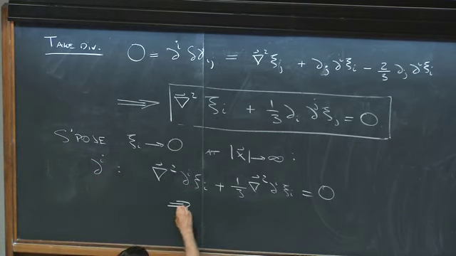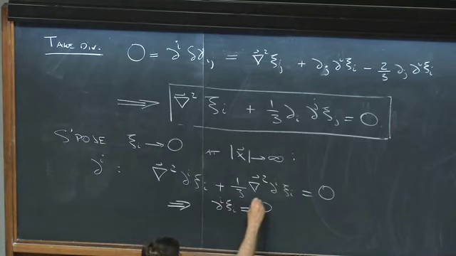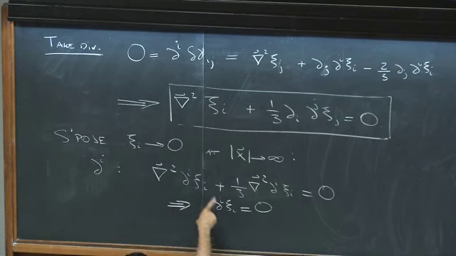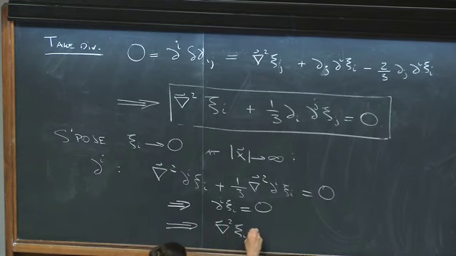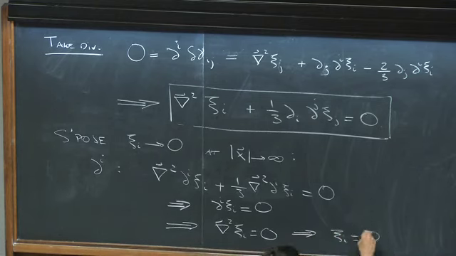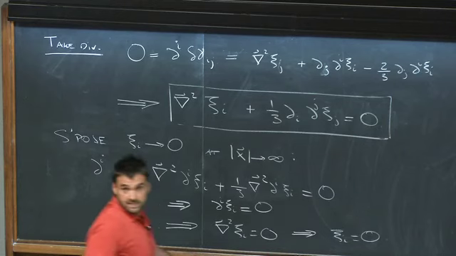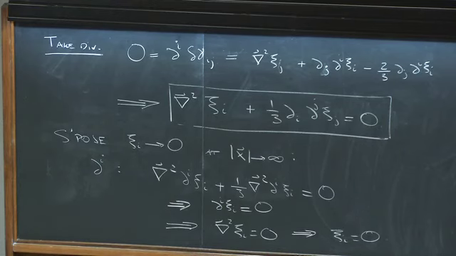This implies that the divergence is 0. But when you plug it back into the equation, you're left with Laplacian of Xi being 0. So this implies Laplacian of Xi is 0. And again, I invert the Laplacian trivially, and therefore Xi is 0. Okay, so this confirms that indeed there's nothing new if I just focus on diffs that fall off at infinity.